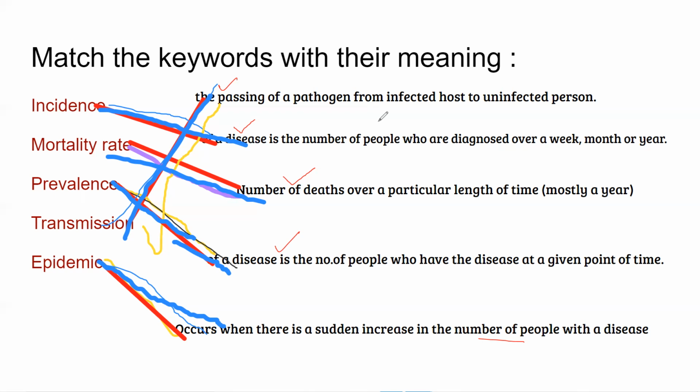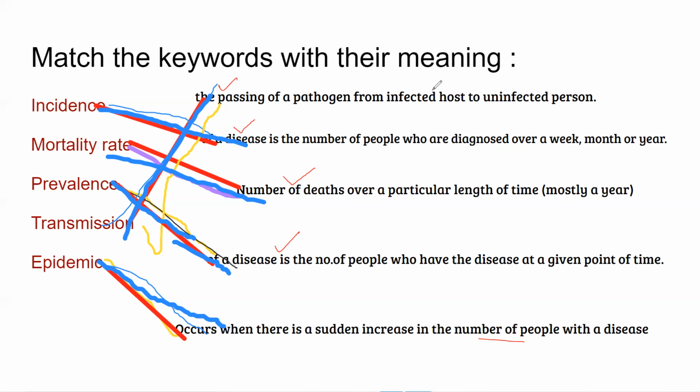Any other doubts regarding these keywords? Okay, so if I'm talking about, let's say in my data, people suffering from tuberculosis in the year 1960. So I'm counting the total number of patients who had tuberculosis or were detected with tuberculosis in the year 1960. So am I talking about the incidence of the disease or the prevalence of the disease?